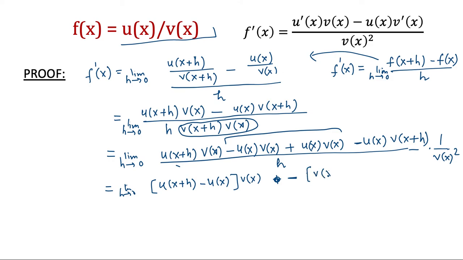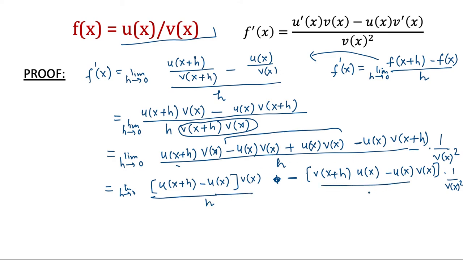So vx plus h ux minus ux vx, and this term is carried forward, vx square, and divided by h, so we can split it and divide them by h separately, and this limit is here also, and this is multiplied to everything, 1 over vx square.